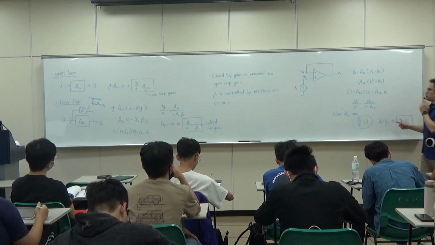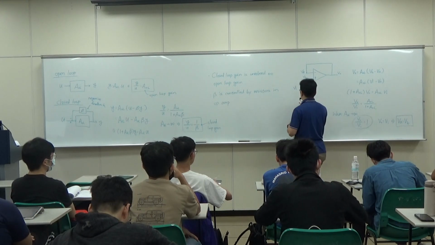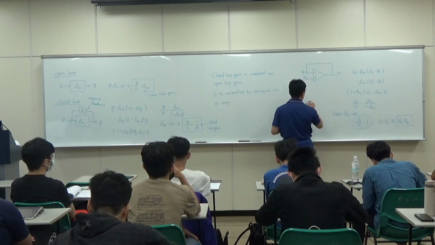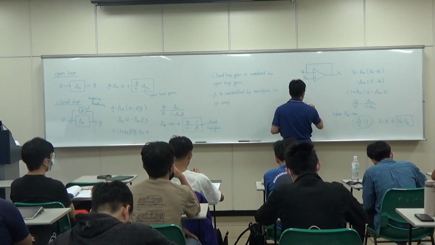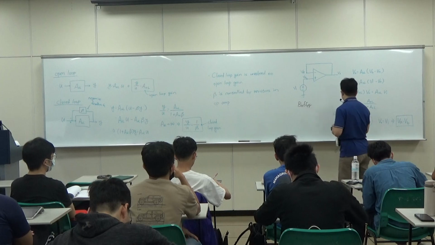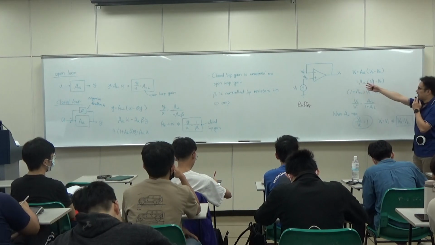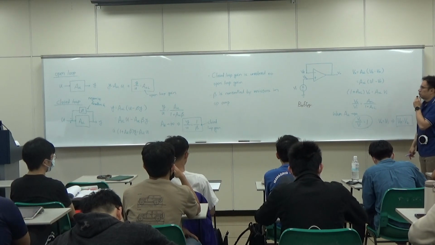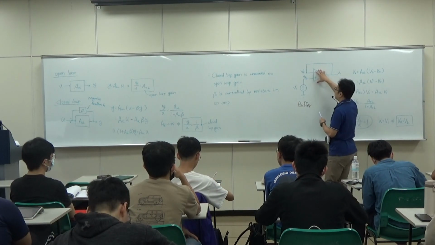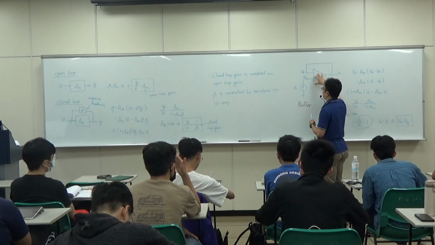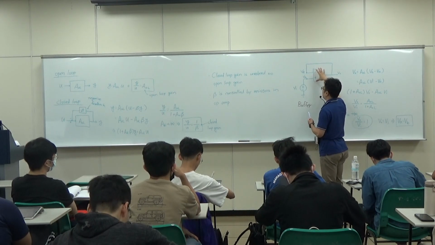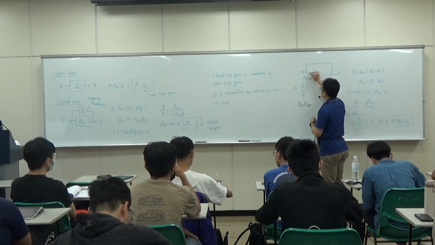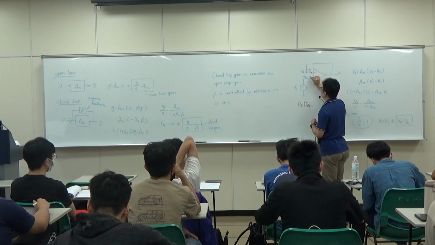For this, we call this configuration the buffer op-amp. Buffer means yes, it has VO equals VI. The voltage doesn't change at all. But because this op-amp has a very large input impedance, there's no current flowing into this structure.